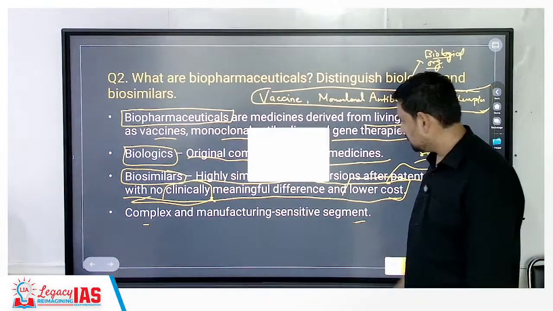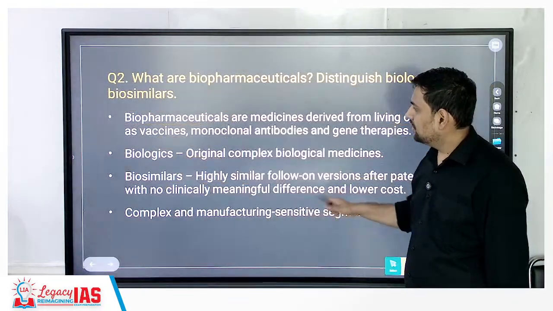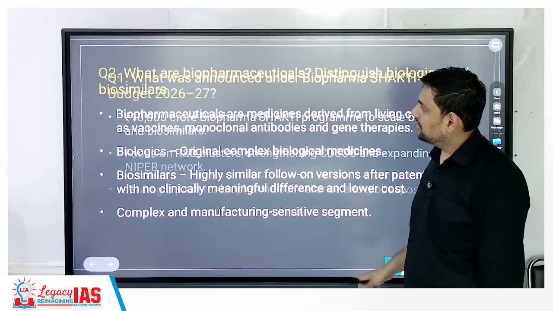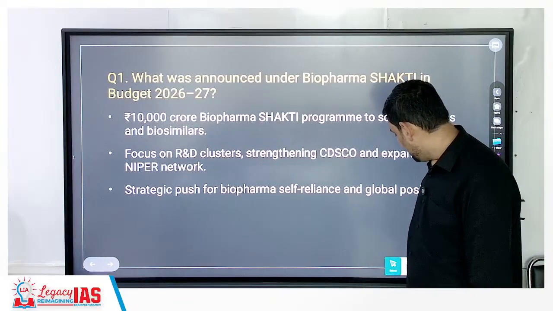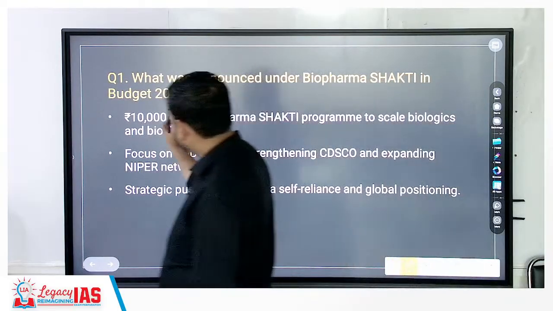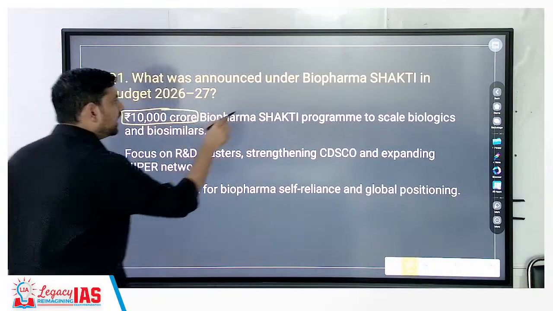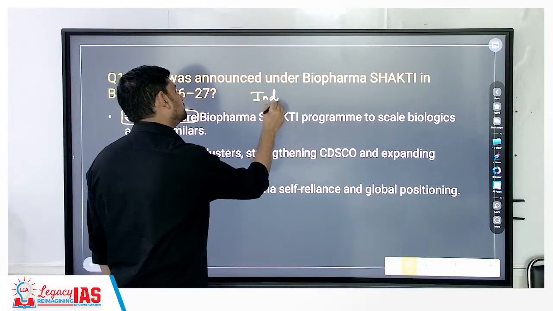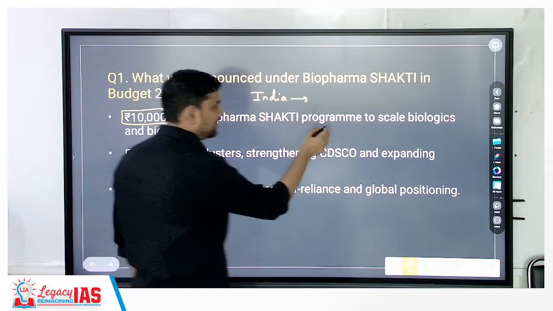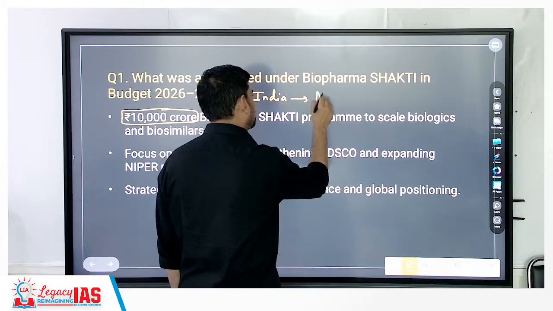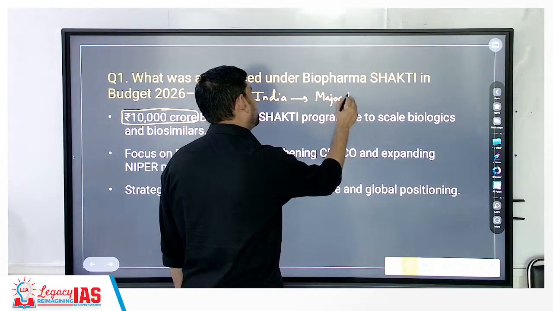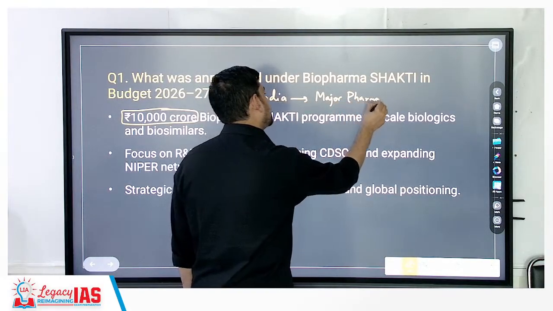So now let's come back. See, why was this announced? India is a major pharma manufacturer.